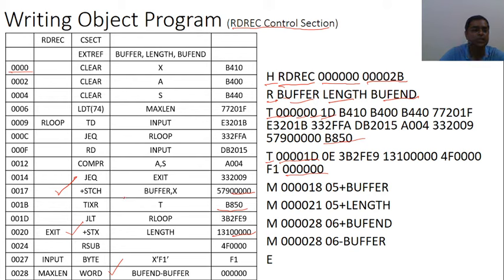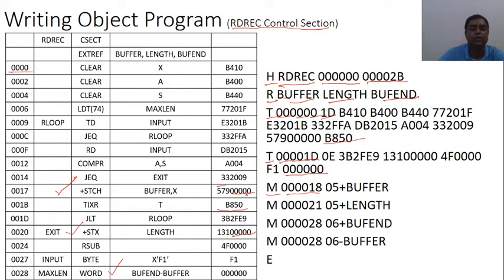Our first modification record is at address 0018, because you can see this instruction is starting from 0017. The address corresponding to this one is 0017. Corresponding to 90 is 0018. The first modification record will be at 000018.